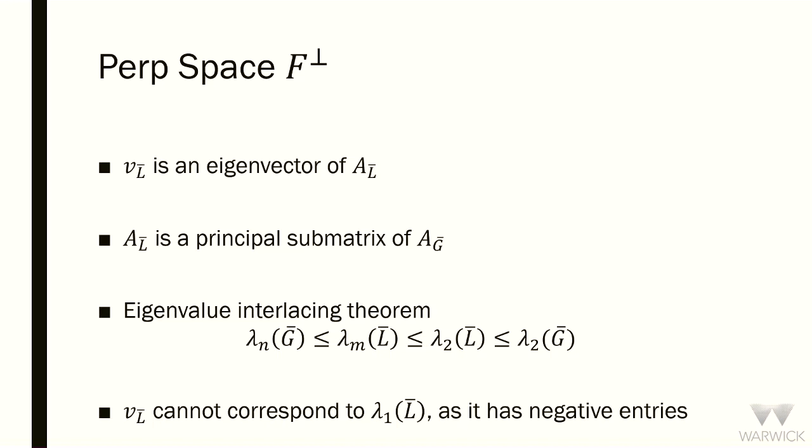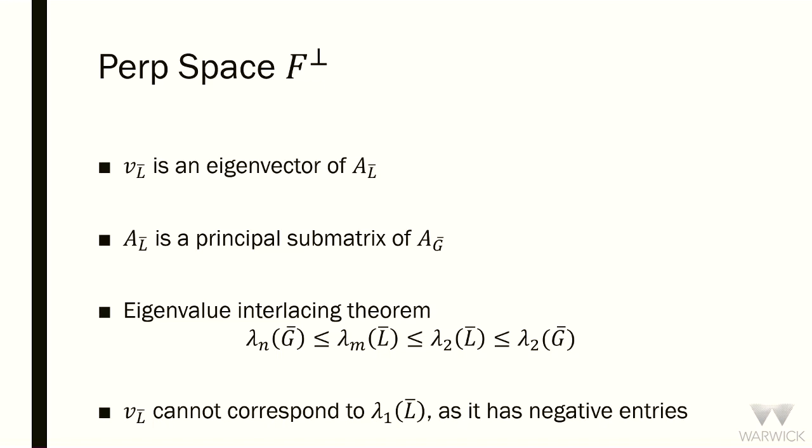Then we use the eigenvalue interlacing theorem, which bounds the eigenvalues of the principal submatrix of AL bar. It bounds all the eigenvalues but the first one. But since we started with a vector from the perpendicular subspace, we know it cannot correspond to the first eigenvector because of the Perron-Frobenius theorem.